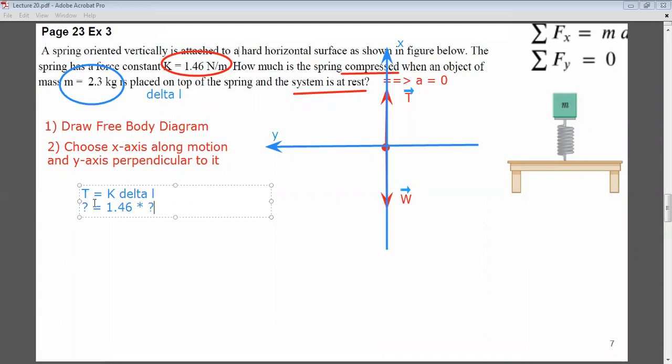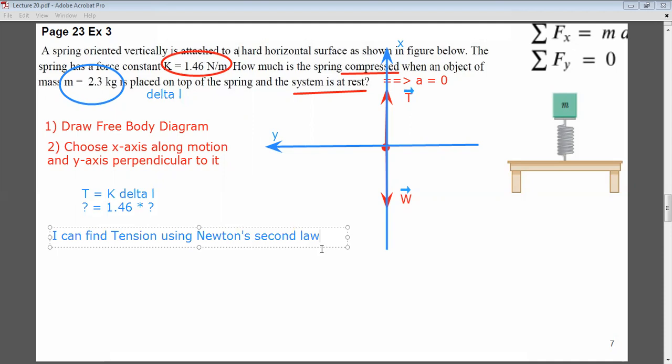What can I find? I can find the tension using Newton's second law, which is summation of Fx equal to 0 because the object is at rest. Summation of Fx is Tx plus Wx equal to 0.